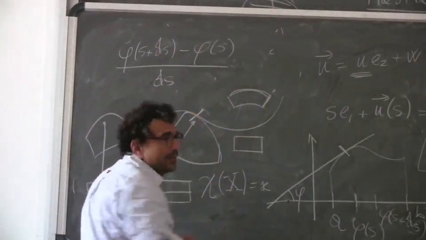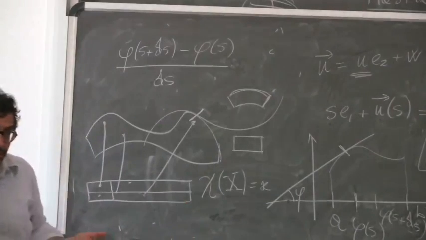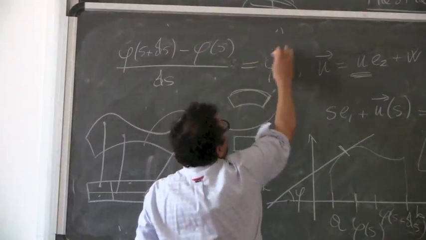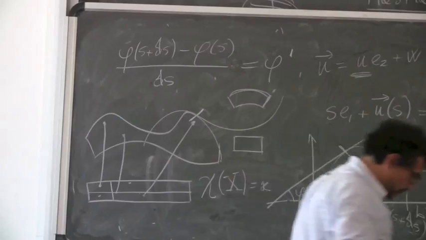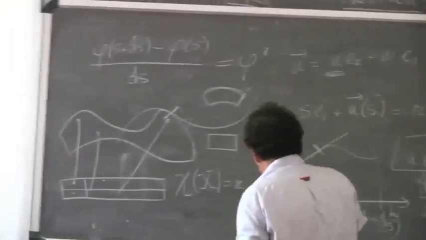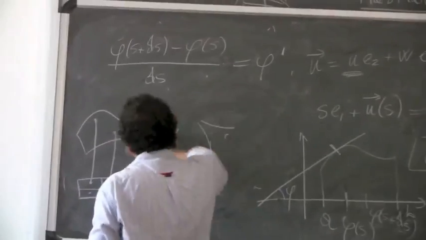Since ds is small, this is the derivative, phi prime. I will need this picture later.